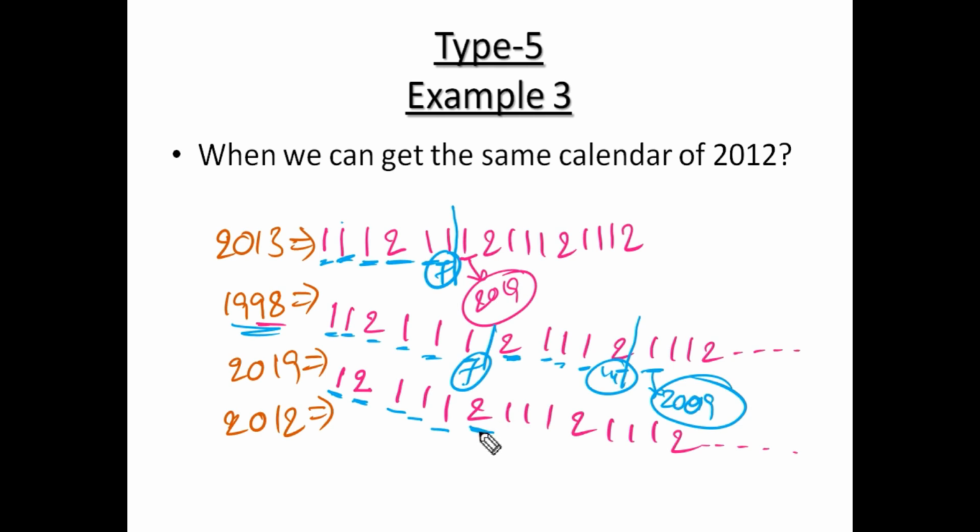So 8, 9, 10, 11, 13, and it is 14. 14 is a multiple of 7. So stop at this point and the next year is the answer. What is that year? 2019 it is. 20, 21, 22, 23, 24, 25, 26, 27, 28, 29, 30. For 2030, the 2030 calendar and the 2019 calendar will be the same.